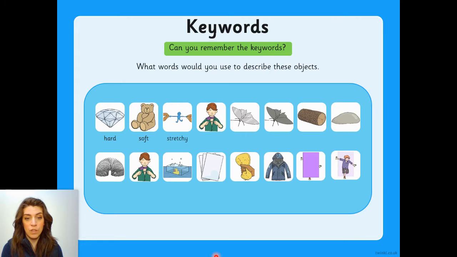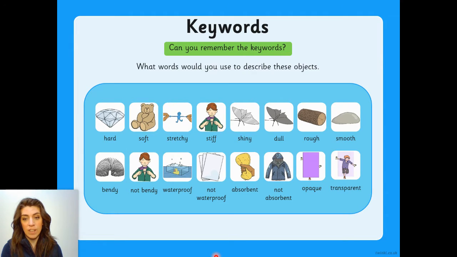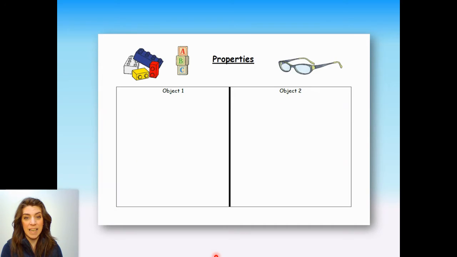Hard, soft, stretchy, stiff, shiny, dull, rough, smooth, bendy, not bendy, waterproof, not waterproof, absorbent, not absorbent, opaque, which means you can't see through it, and transparent, which means that you can. So these are all the words that we've been looking at over the last few weeks in science. Now you're going to need to try and remember some of these words for today's activity.